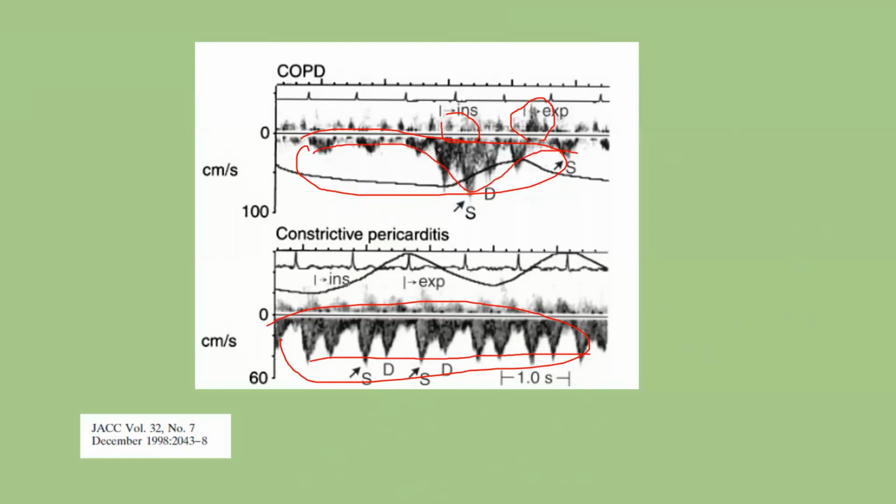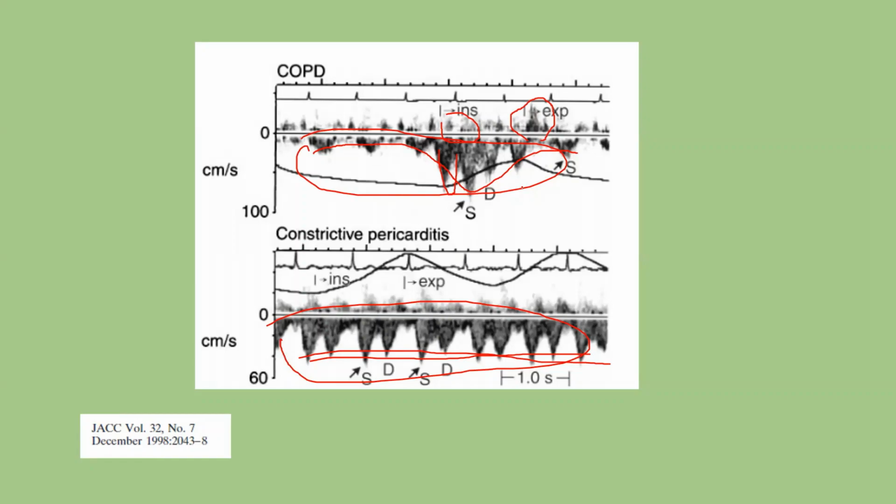During inspiration, you see how it increases, and during expiration, it goes so low. This is COPD for sure. In constriction, the forward flow is fixed. In COPD, the forward flow increases enormously during inspiration. This is a major distinctive feature between these two entities which look alike otherwise.